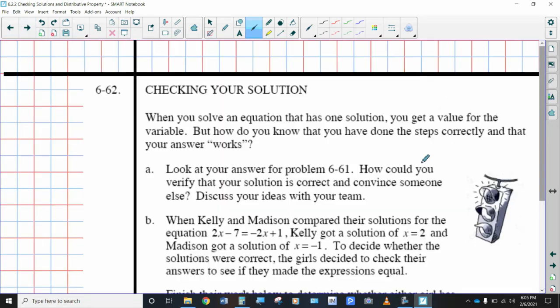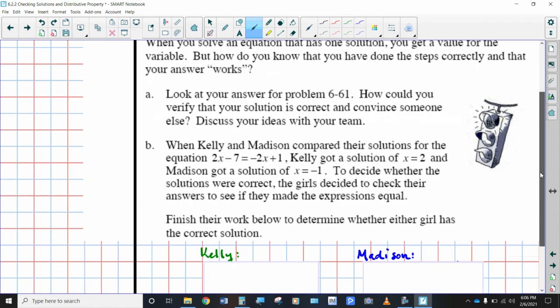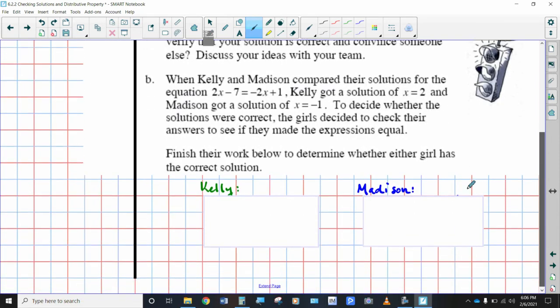Okay, so when Kelly and Madison compared their solutions for this equation, x minus 7 is equal to -2x plus 1, Kelly got an answer of 2. And Madison, she got an answer of -1. So we need to figure out which one is correct.